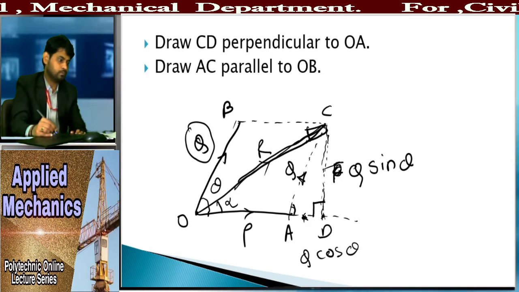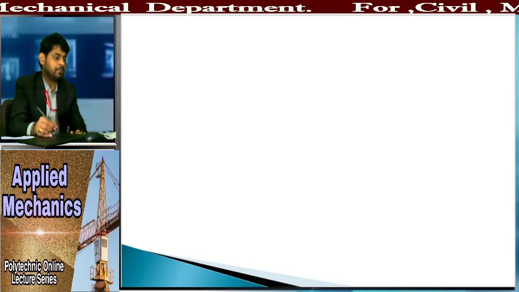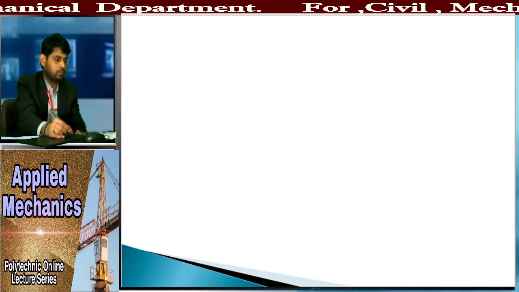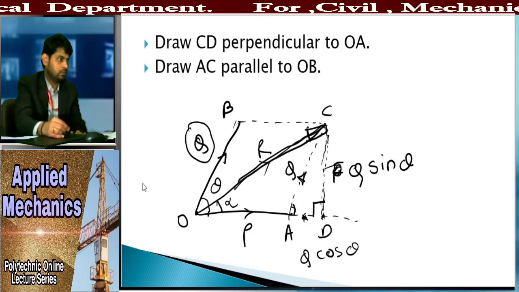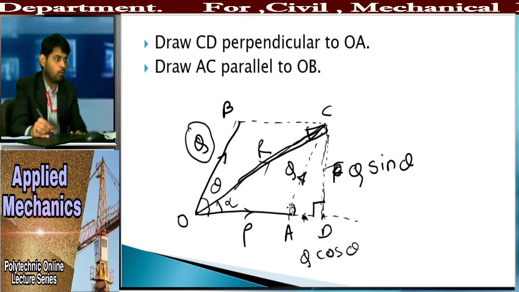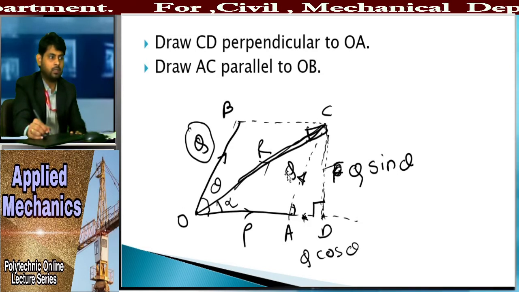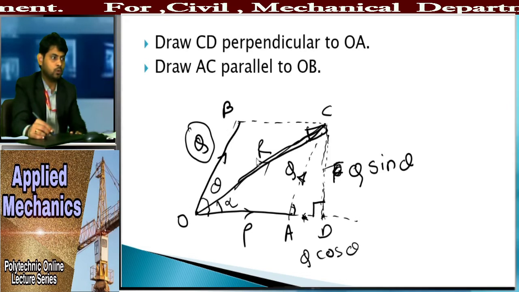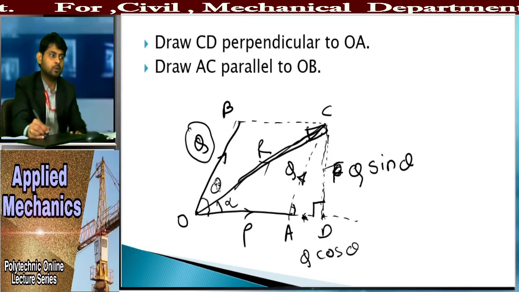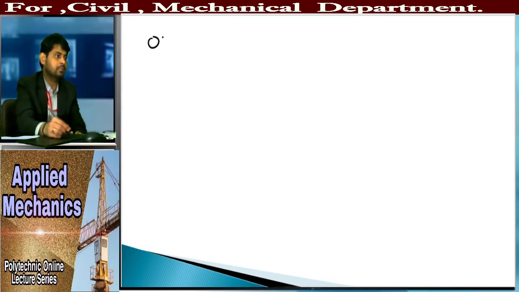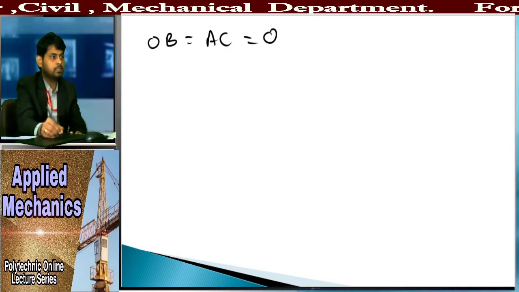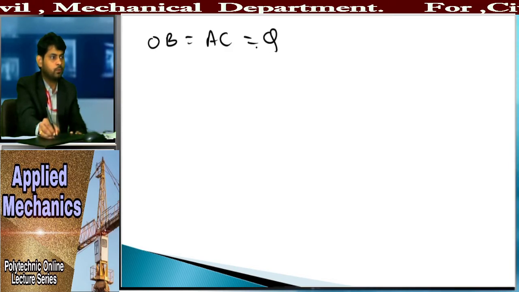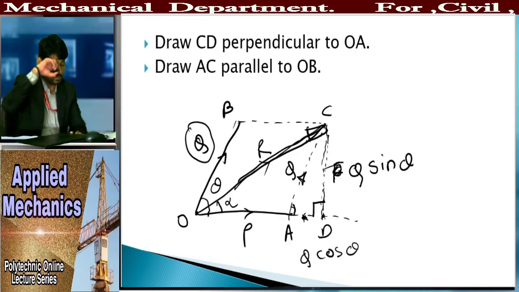So let's see. After that, you can see here, OB and OC is parallel, means Q is similar, means OB is equal to AC is equal to Q. So you can write like this, OB is equal to AC is equal to Q, right? So all these terms are similar.